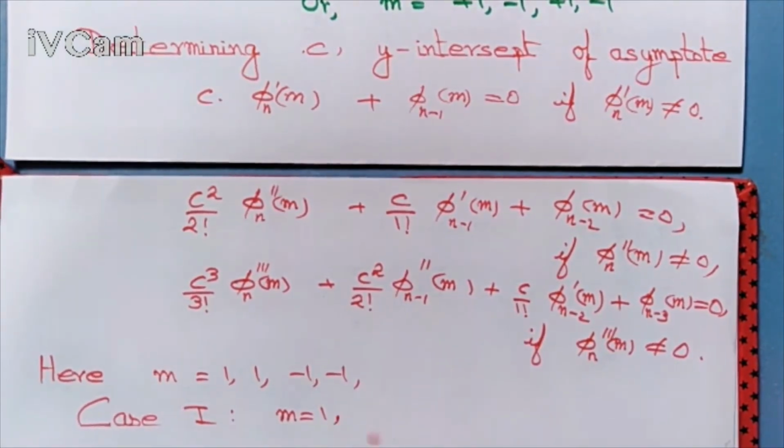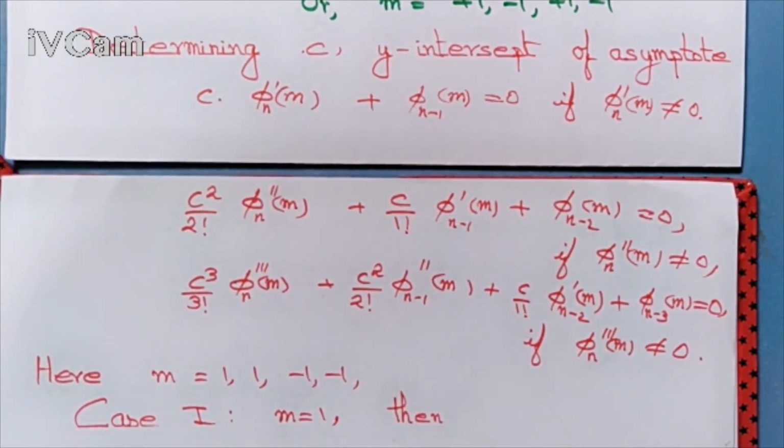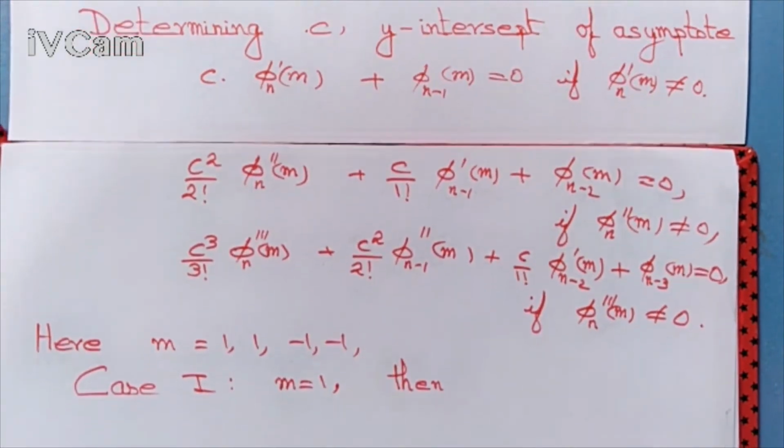Then the highest degree of the polynomial is 4. So n will be equal to 4.